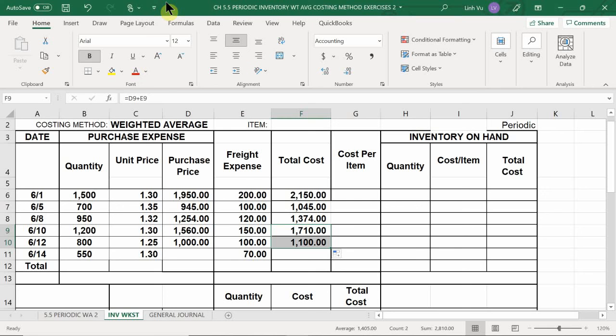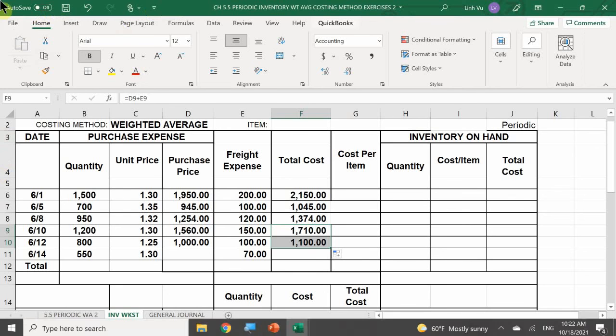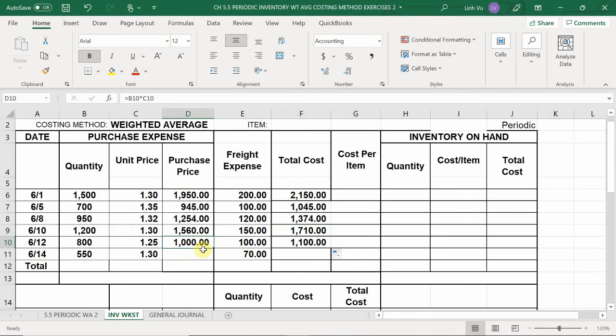Last but not least, on June 14, I purchased 550 units at $1.30. 715. Okay, plus $70 worth of freight. 785. Good. So now I reached the end, right?